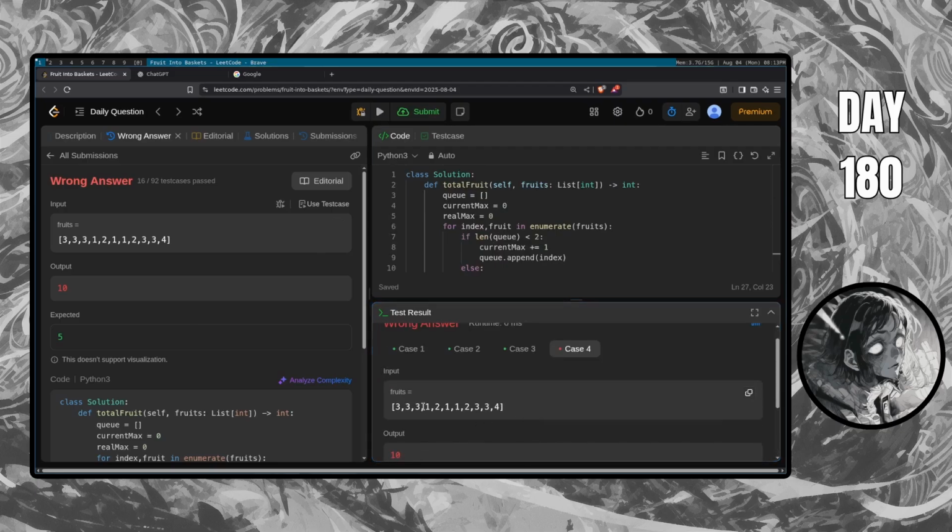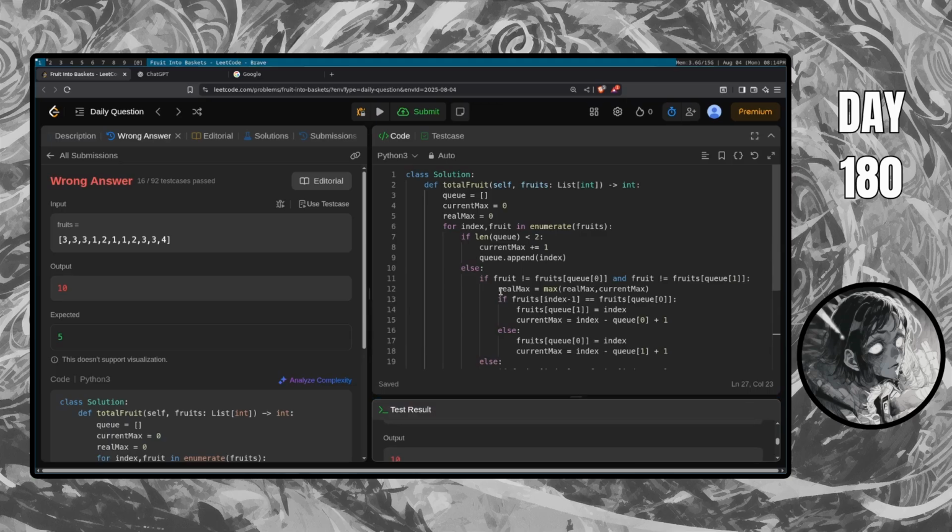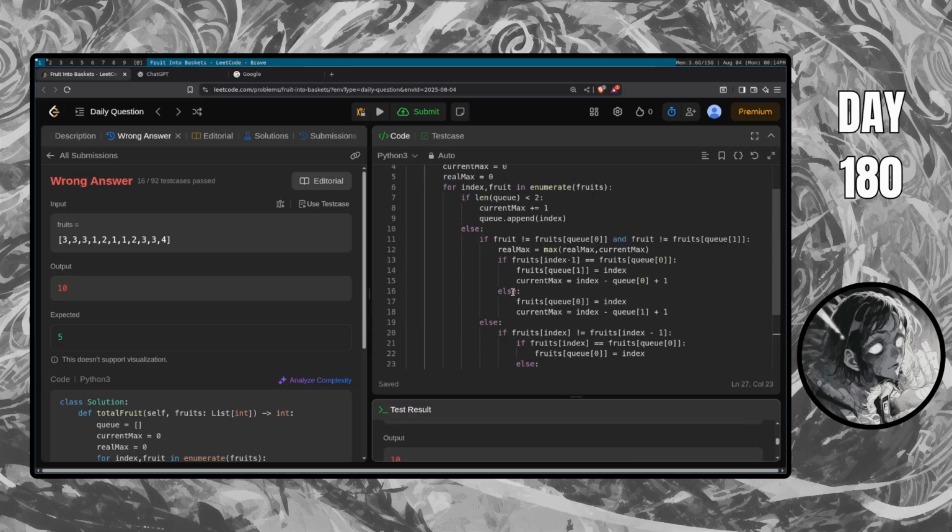3, 3, 3, 1. Here we have 4, and here we have 4 also. Here we have 5. And then we have a 3, so it's got to be 2, 3, 3, 3, and then we have 3. Alright, let's see what's happening here.